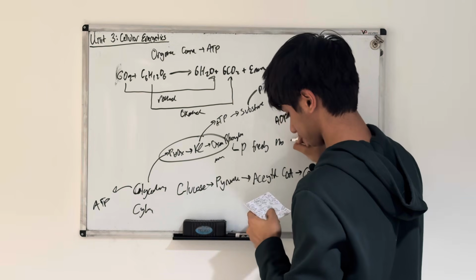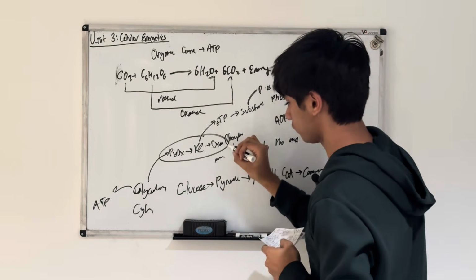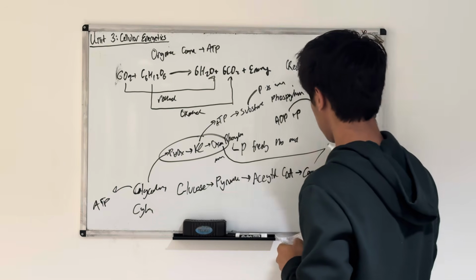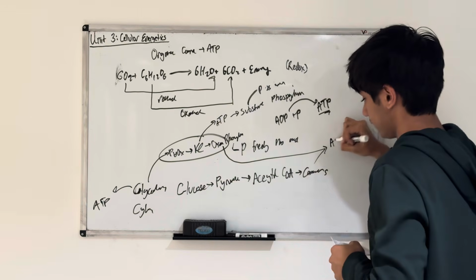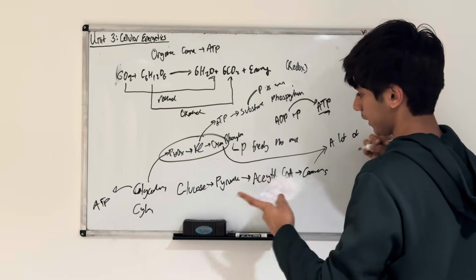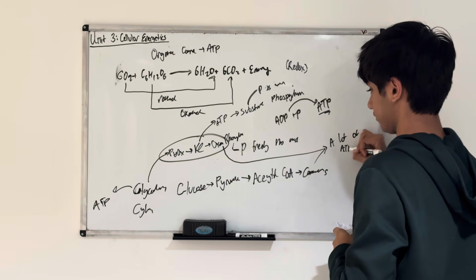Through oxidative phosphorylation, we use our carriers and the energy we've created a little bit of to then create a lot of ATP. The majority of our ATP is created through this final step.